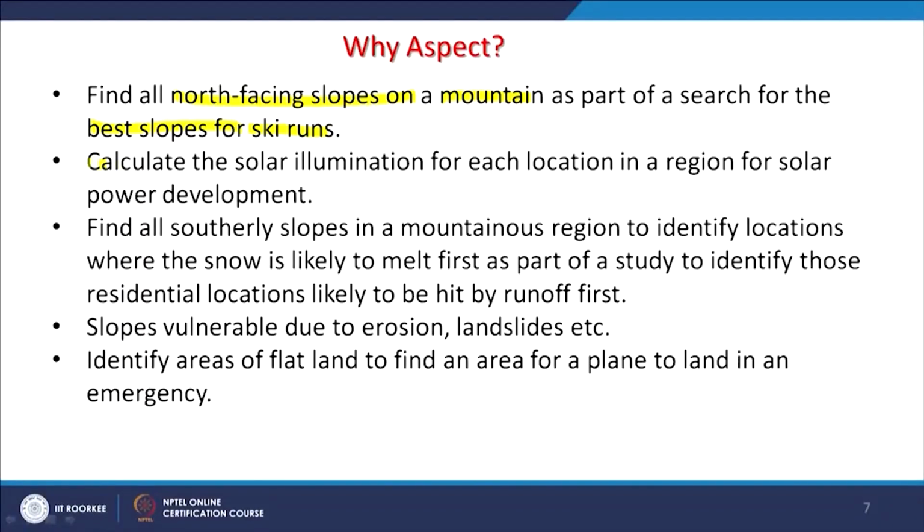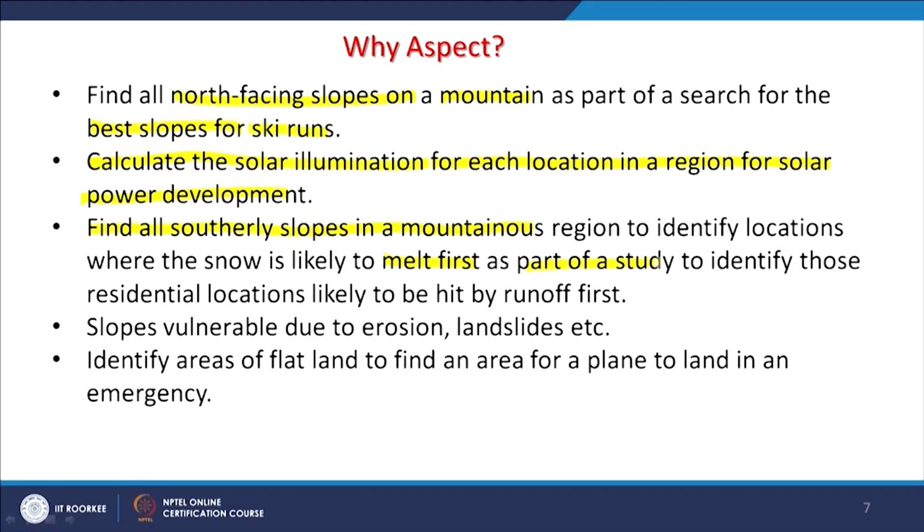So, if somebody is looking for solar illumination for each location in a region for solar power development, then aspect calculation would be required. Maybe to find all southerly slopes in a mountainous region to identify locations where snow is likely to melt first because it will get the maximum sunshine.